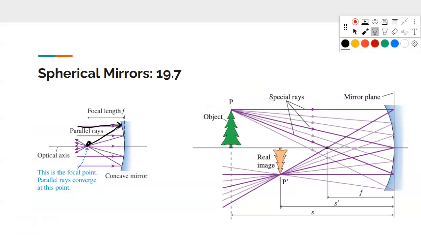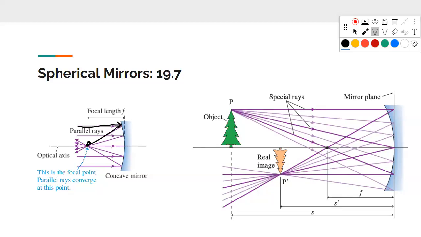So the focal point that the light rays end up on is on the same side as the image. This is the primary difference between a mirror and a lens: a lens allows light to pass through, so the light will go from one side to the other, whereas a mirror reflects light. And so those parallel rays pass through the focal point on the same side as they originate.